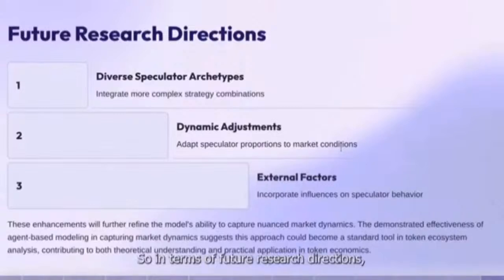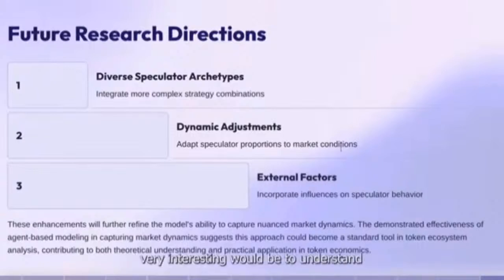In terms of future research directions, these are some of the things that we are going to work on next, and if you're interested in collaborating on any of them with us, just let us know. First of all, we'd like to integrate more complex strategy combinations. We'd like to adapt speculator proportions to market conditions and also incorporate external events, such as news stories.